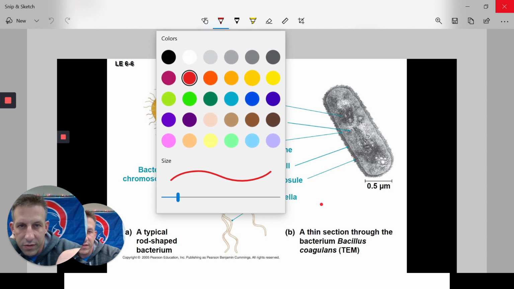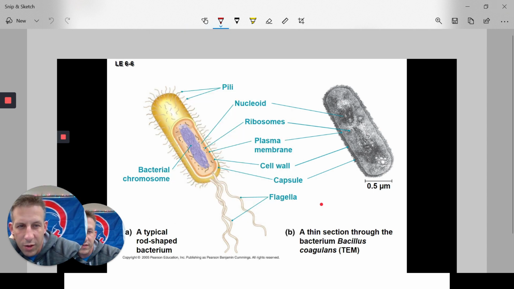But the cell wall right here is this orange layer. And that orange layer is not present on every bacteria, but it is present on some, the same way that a cell wall is present on some eukaryotic cells, but not others.